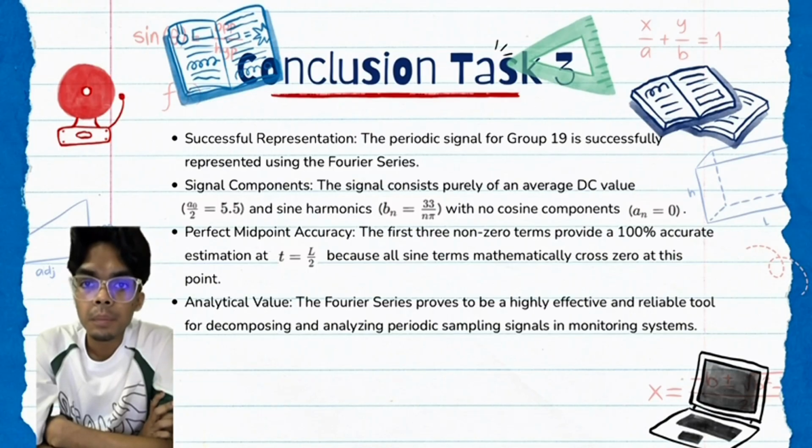The three-term approximation yields a perfect 100% accuracy at the midpoint t equal to L over 2, because all sine harmonics naturally cross 0 at this point.